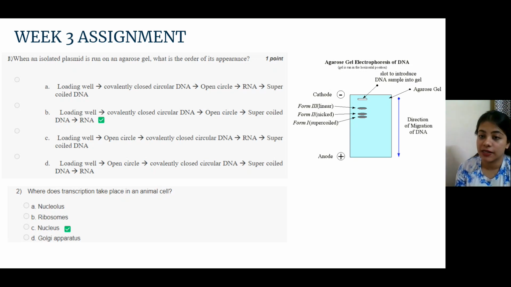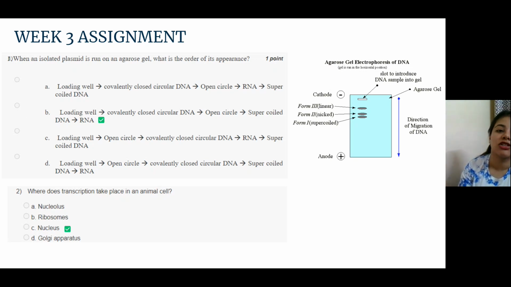When a plasmid is supercoiled, we talked about it being a covalently closed circular DNA, which is its normal conformation. There would be an open circle form and there would be a supercoiled form. As you can tell from the name, the supercoiled form has the maximum compaction or packaging, giving it the smallest, most compact, tight conformation it can potentially have.